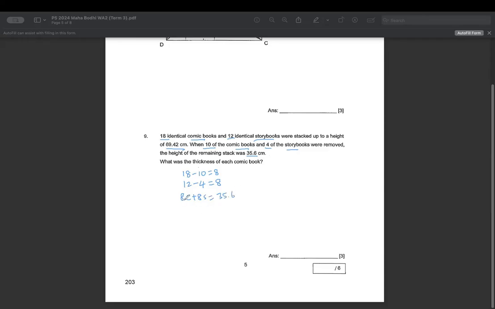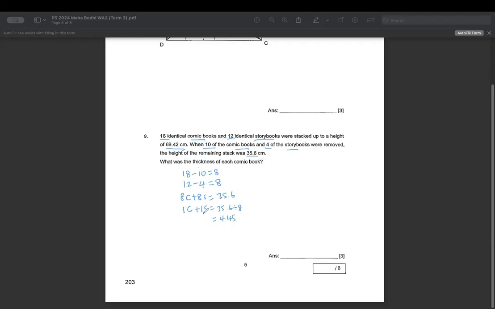Both numbers are equal, so I can find 1 comic book and 1 storybook. I simply take this and divide by 8. We will get 4.45.